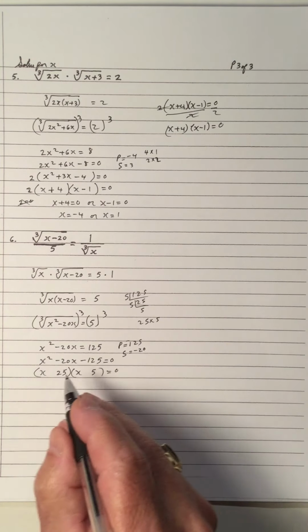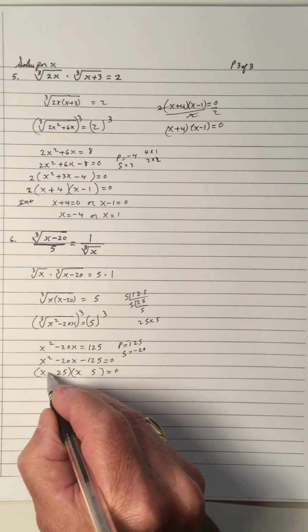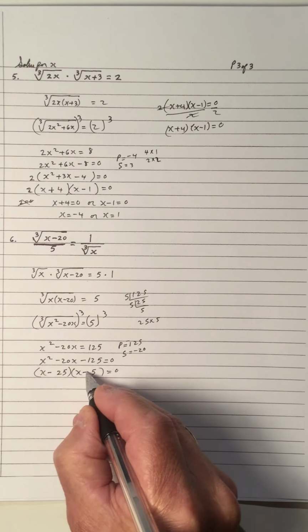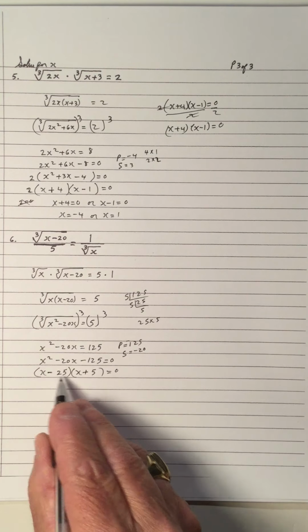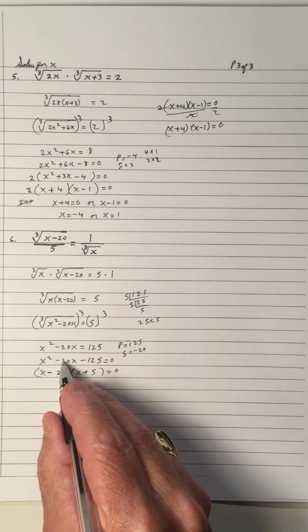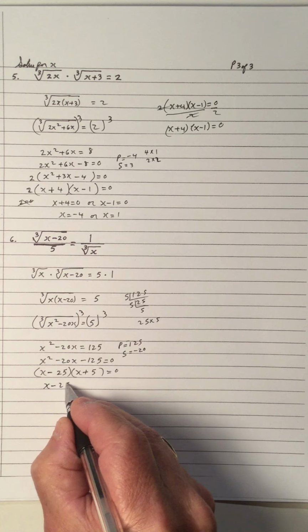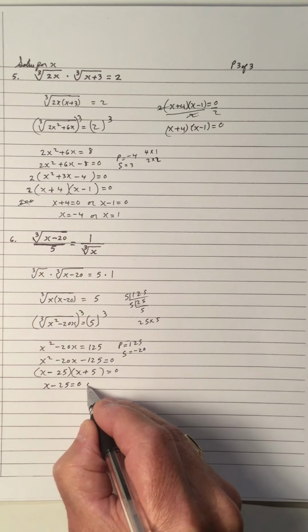So product is negative, so one has to be plus and one has to be minus. So negative 20, so the 25 is negative and the 5 is positive. Multiply. Negative 25 times 5, negative 125. Add. Sum, negative 20. So x minus 25 equals 0.